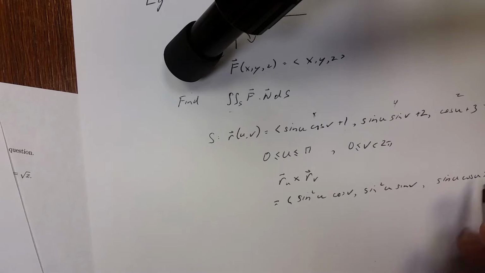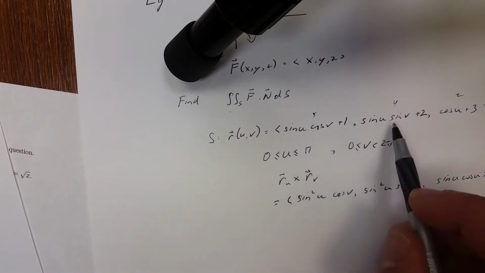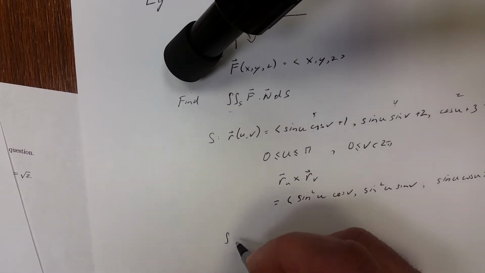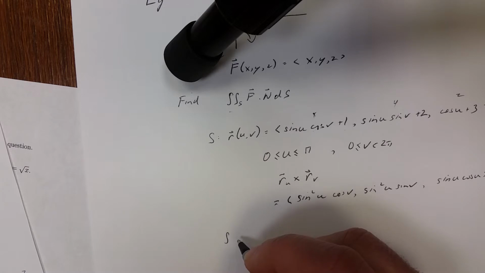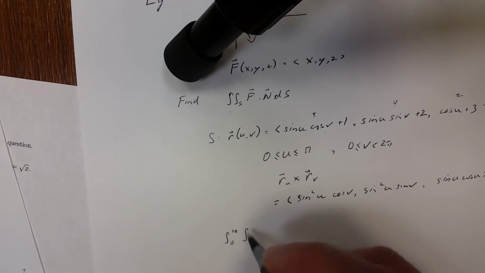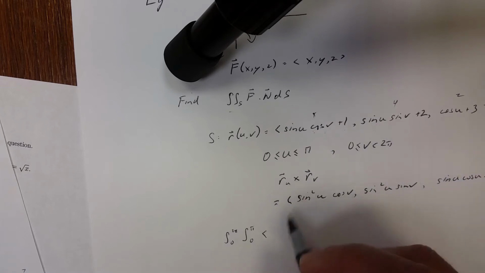And then we could take that and put this in for x, put this in for y, put this in for z. So we have the double integral where v runs between 0 and 2 pi, and u runs between 0 and pi, and we plug this in for x, and this in for y, and this in for z.